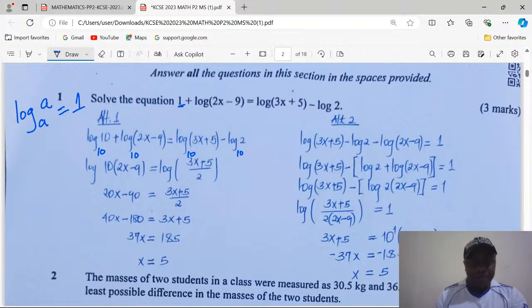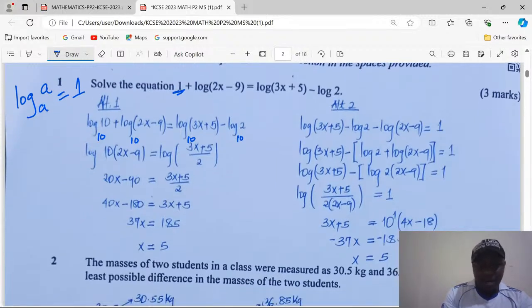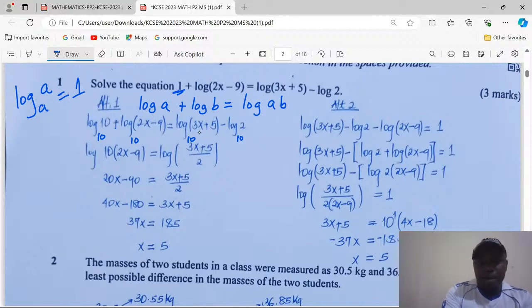And with that, when we introduce logarithms where there is this constant, we can apply the law of logarithm, which says in case there is a plus between two logarithms, let's say we have the log of A plus the log of B, we can simply solve this by taking the log of A multiplied by B. We just multiply the two numbers.